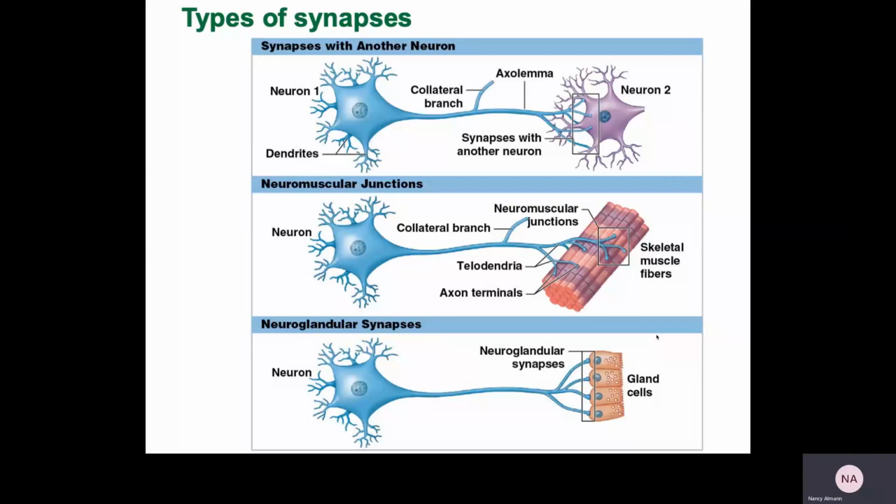In this case, it's a skeletal muscle. And you also might have neuroglandular synapses in which a neuron is going to direct a gland. You will remember that the effectors of the central nervous system are muscles and glands, and that is why we have the neuromuscular junction, and that is why we have the neuroglandular junction.